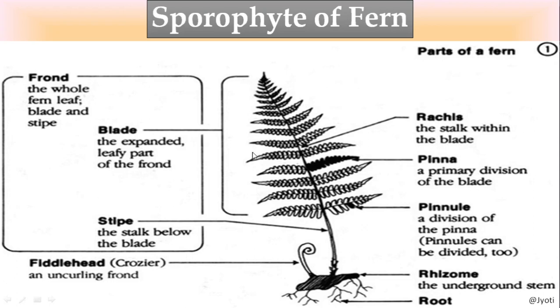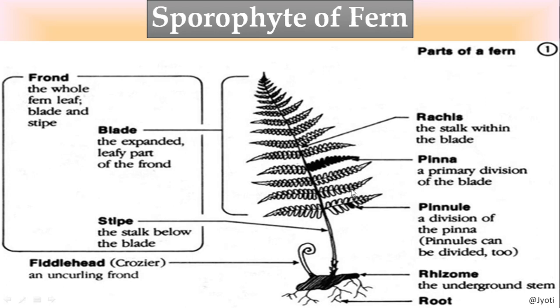So let us see one leaf. In one leaf you can see the leaf lamina or the leaf blade. Here it is labeled, the leaf blade is well expanded, and the leaf lamina is again divided into many leaflets. These are called leaflets.